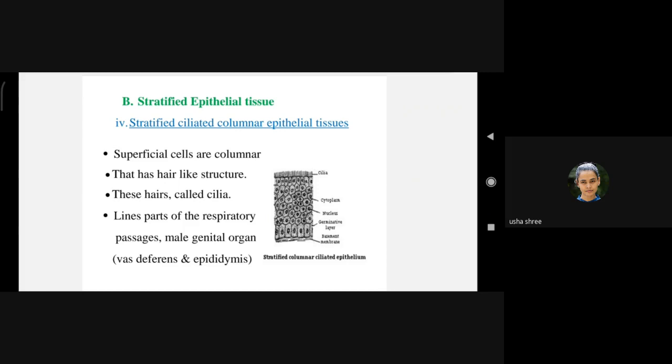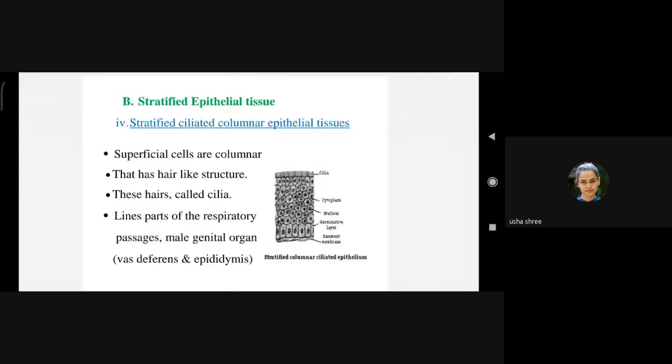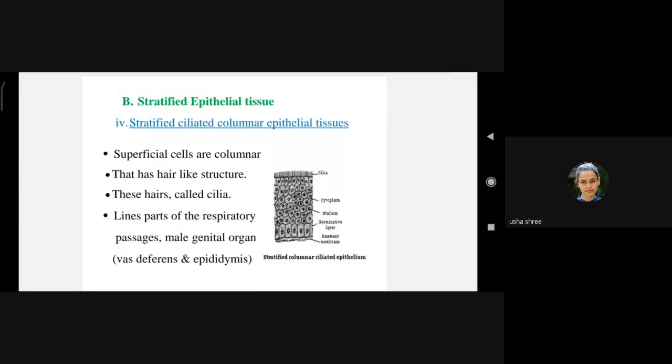So the epithelial or surface cells contain hair-like structures that are called cilia. These line parts of the respiratory passage, male genital organ, vas deferens, and epidermis.